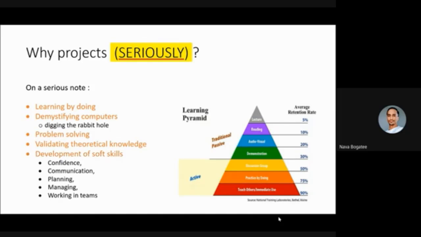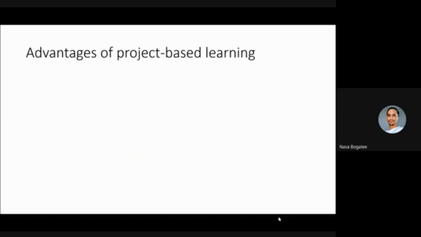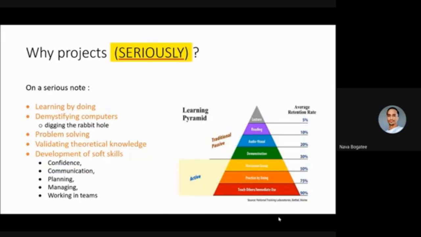And the development of soft skills. Like Sunil sir already explained before, soft skills are important. By doing projects, we can improve our soft skills, such as communication, building confidence, planning the projects, managing, working in teams, etc.